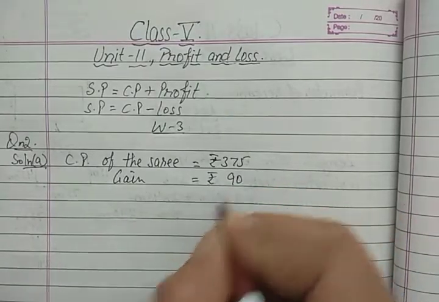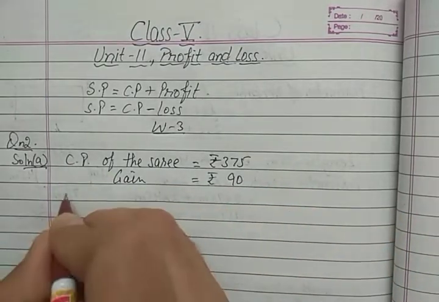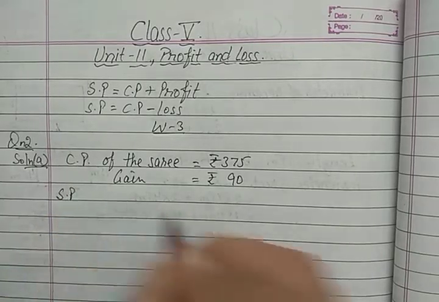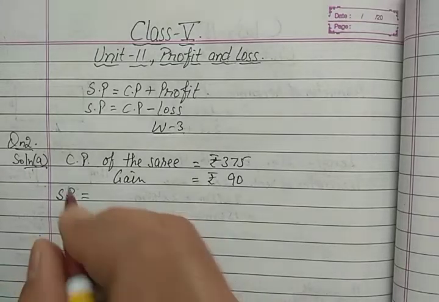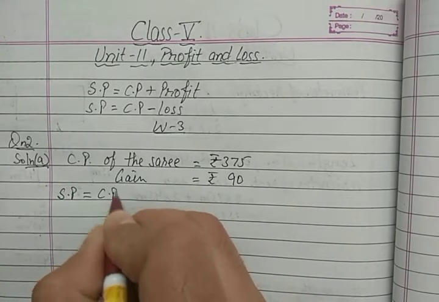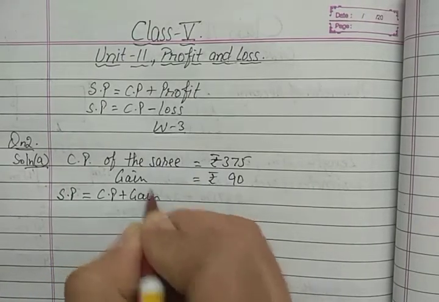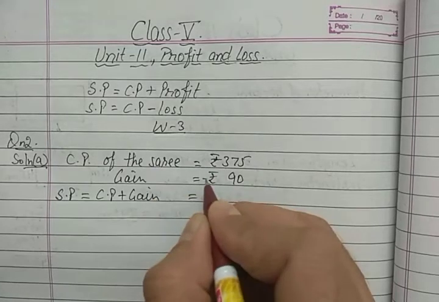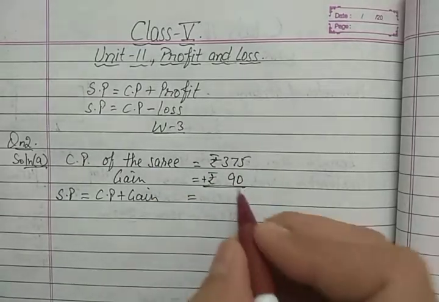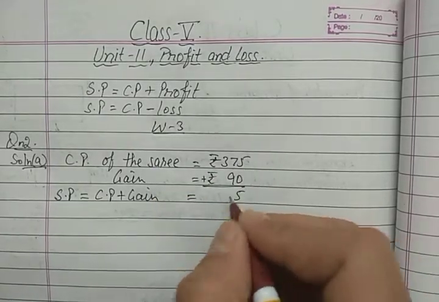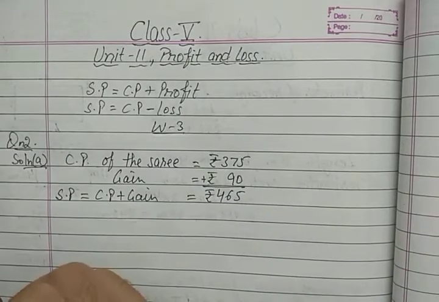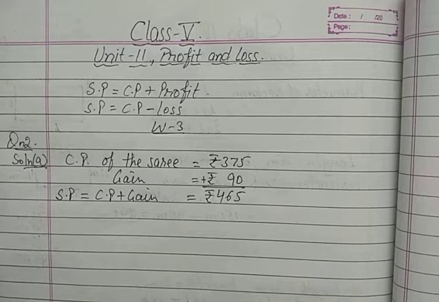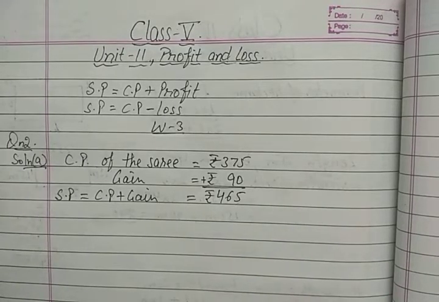So we have to find out the selling price. What is the formula to find the selling price? Selling price is equal to cost price plus gain. So we have to add them. After adding them, what we get is 465 rupees.